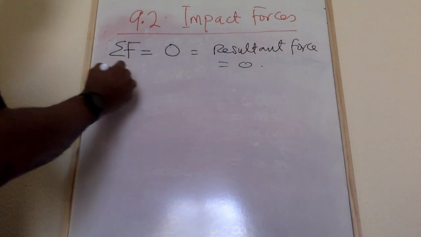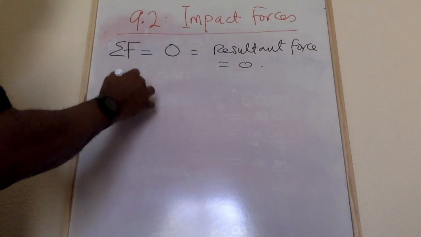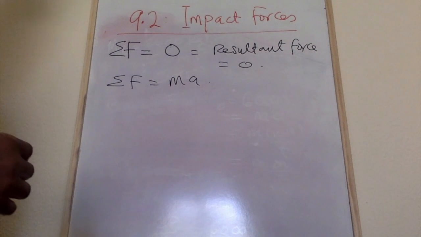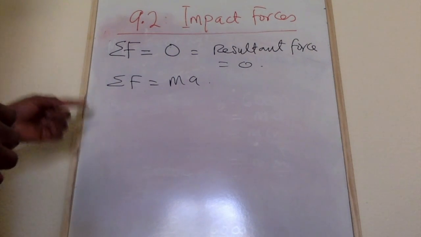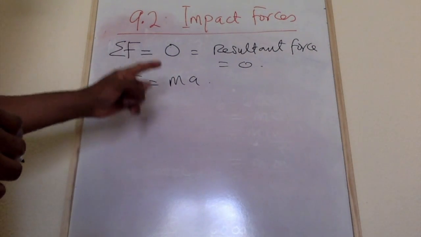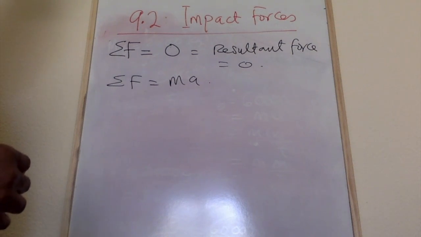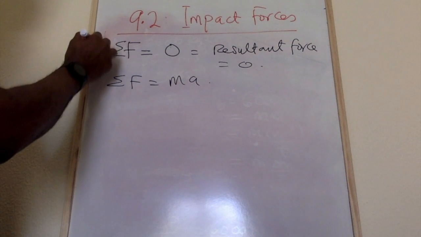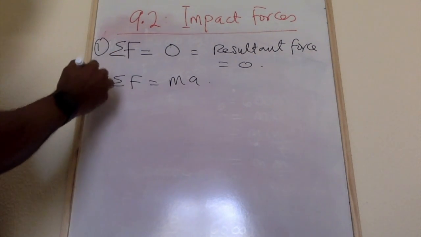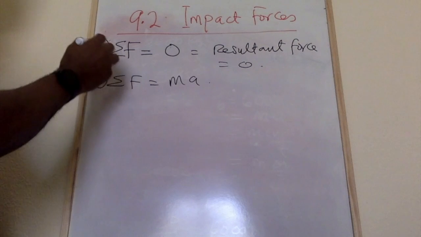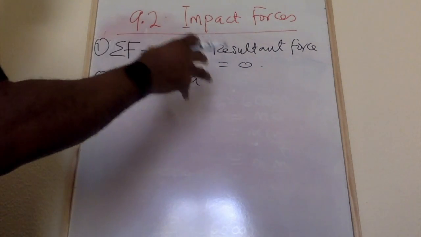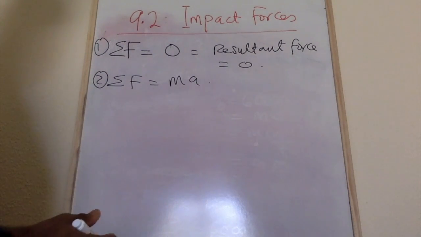We then talked about the connection between this first law and the second law, which is sigma F equals ma, which is the resultant force acting on an object equals mass times acceleration. We then went on to say the connection between the first law and the second law to the momentum is that the first law is saying that you need a resultant force for momentum to change.